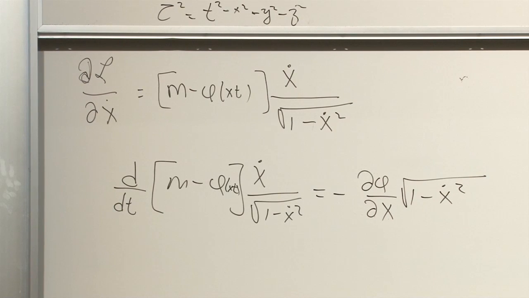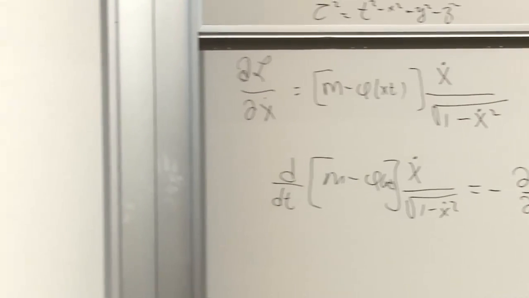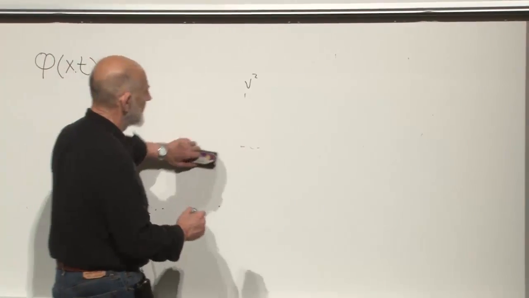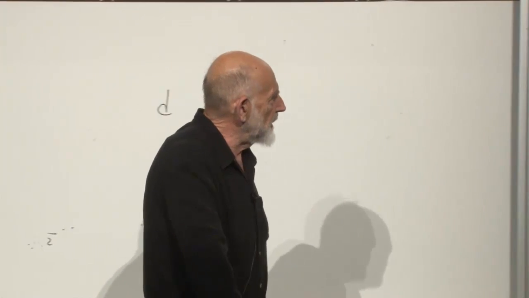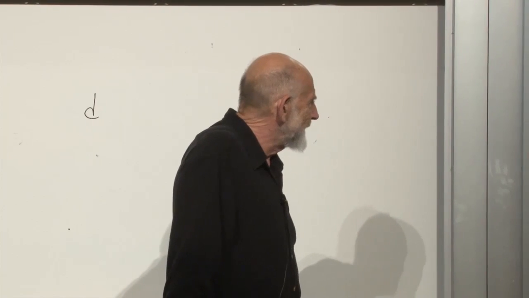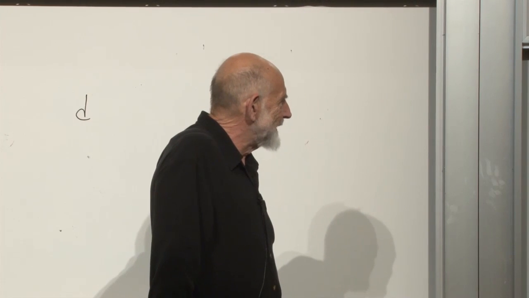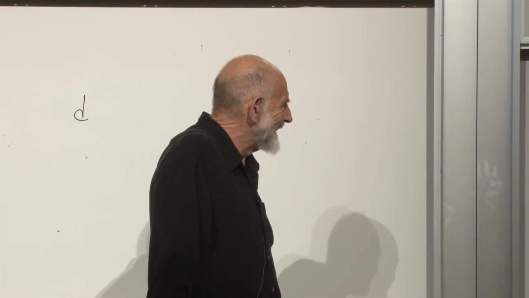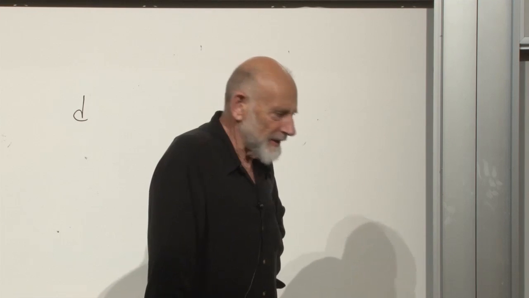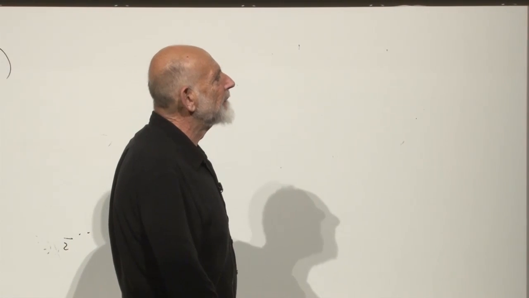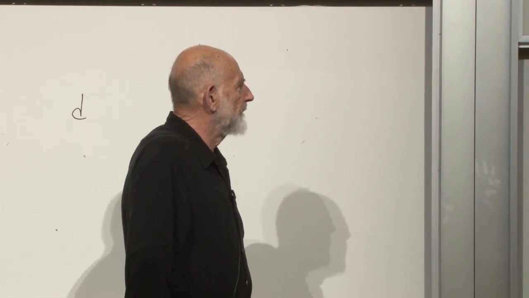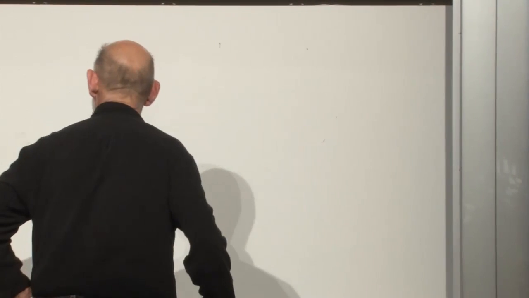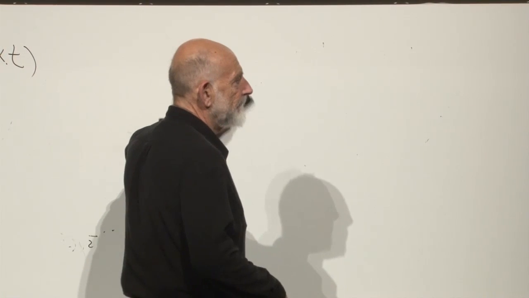Okay. So first of all, I wonder if we can figure out where the speeds of light go. I'm not going to do that now. Why is d phi dx multiplied by the square root of 1 minus x dot squared, as opposed to x dot squared over the square root of 1 minus x dot squared?